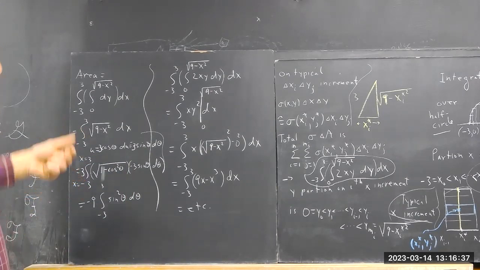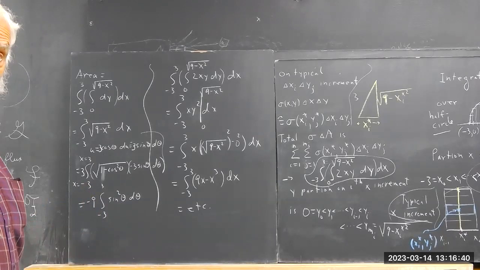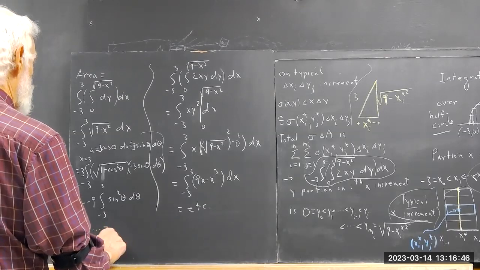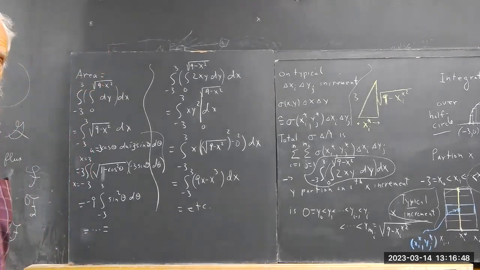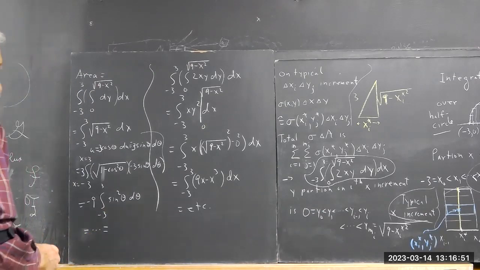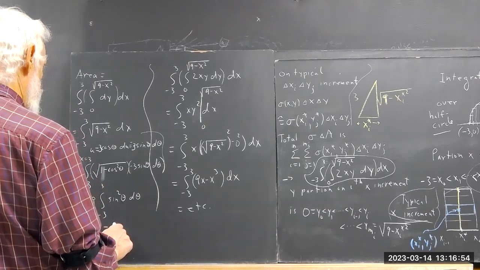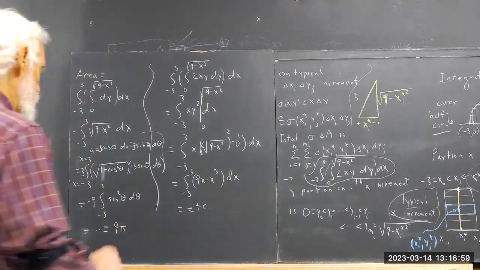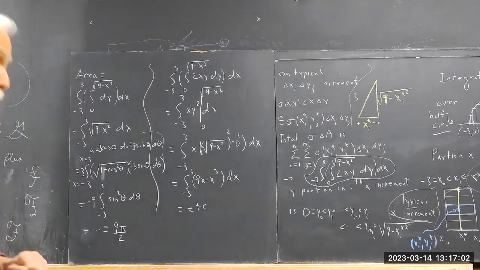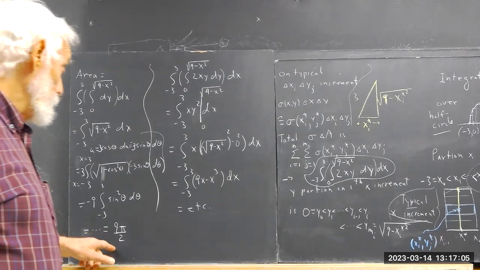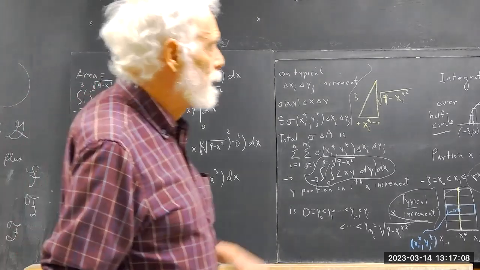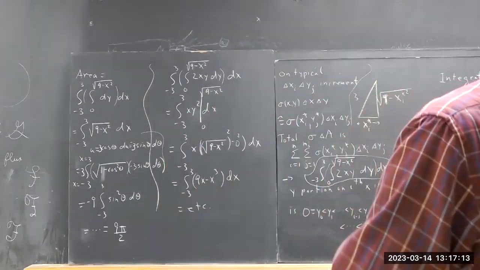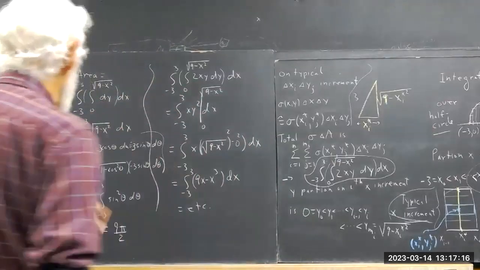And after a couple of steps we end up with a reduction formula. I'll let you do the integration technique, because that's not what we're trying to teach here. If I had room, I'd do it. But we end up with 9 pi over 2. I know we end up with 9 pi over 2, because that's half the area of the circle of radius 3. So I know what the answer is. How do we get from here to here?